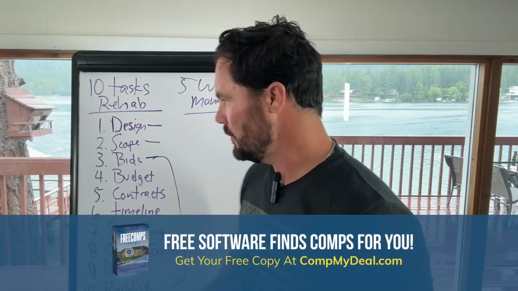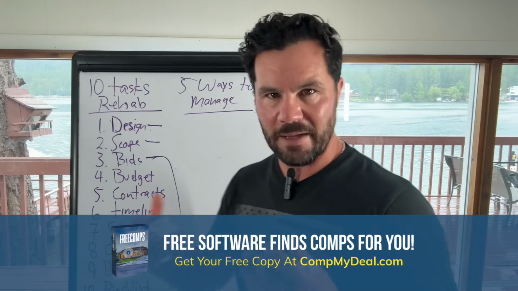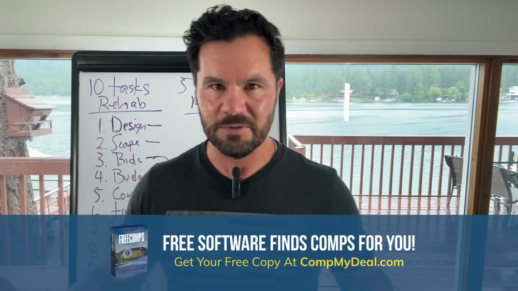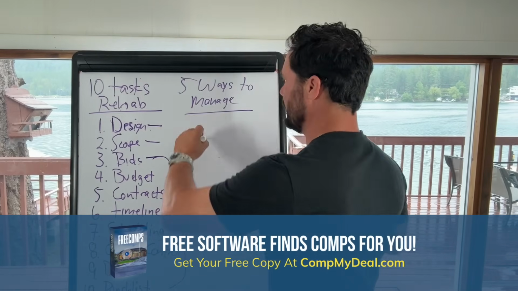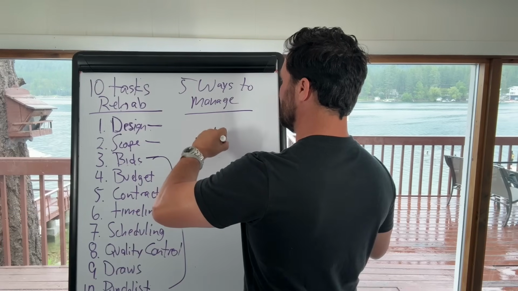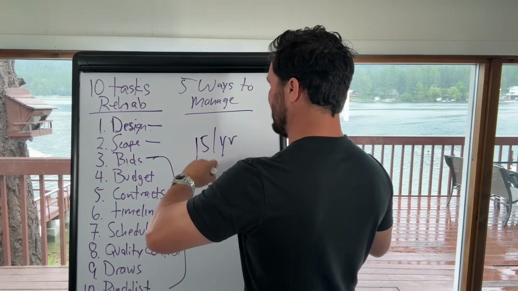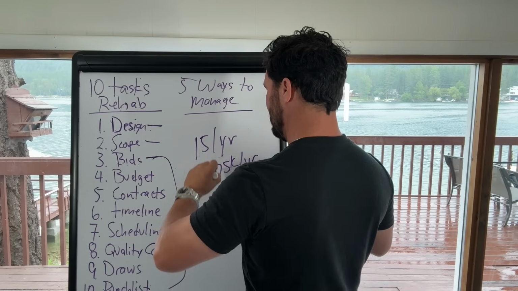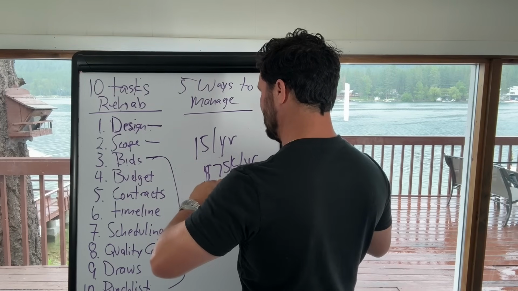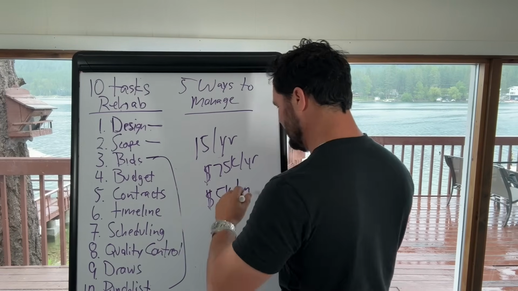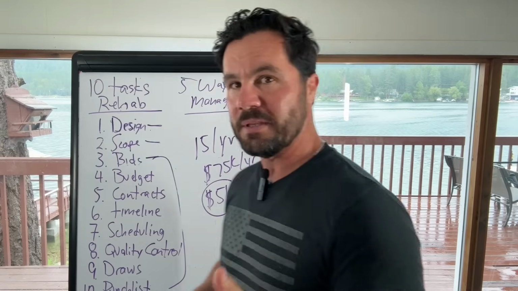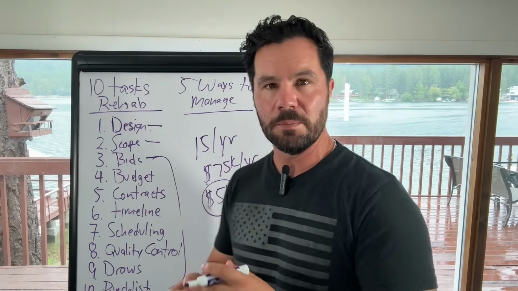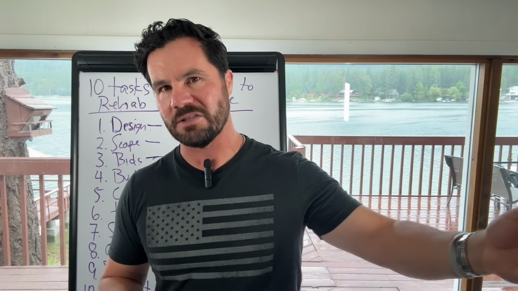Now, one thing I'll do is, let's say that I'm at a level where I'm doing a lot of rehabs. Let's say 15 rehabs a year. So if I'm doing 15 rehabs a year, my supervisor now is a $75,000 a year salary. And on those 15 projects, I'm spending $5,000 per deal to pay for my foreman. But then what I do is I build it into my capital stack with my investors.